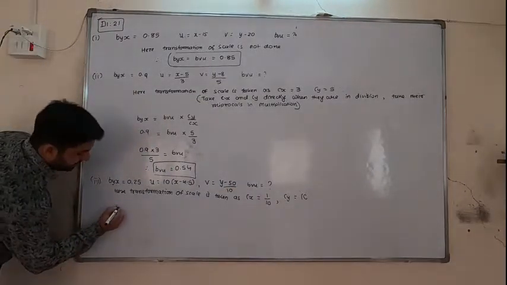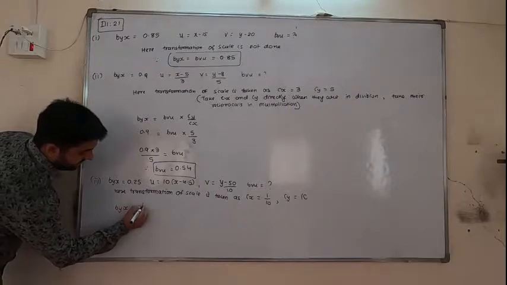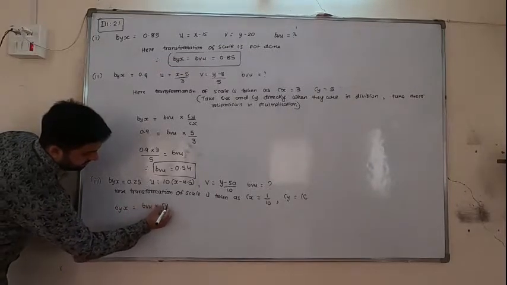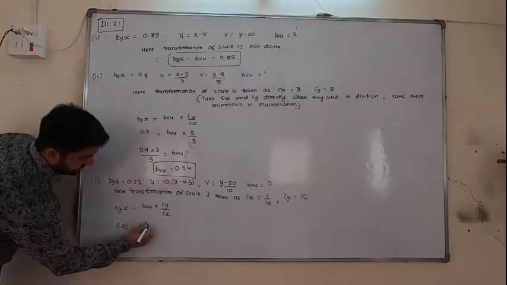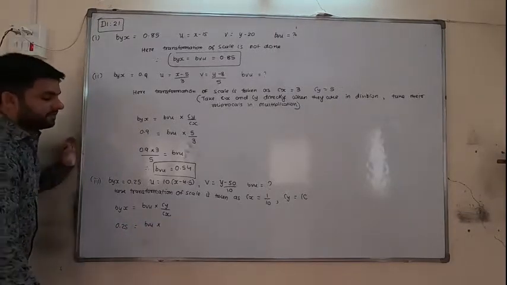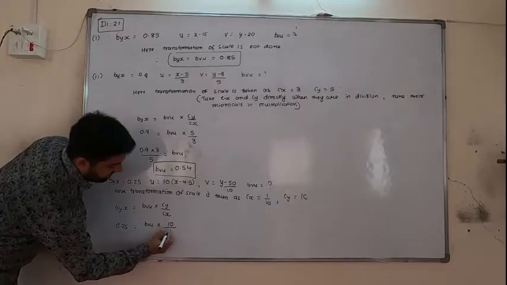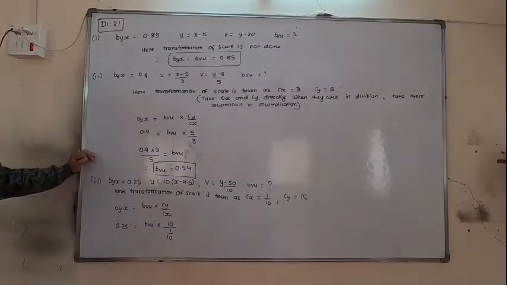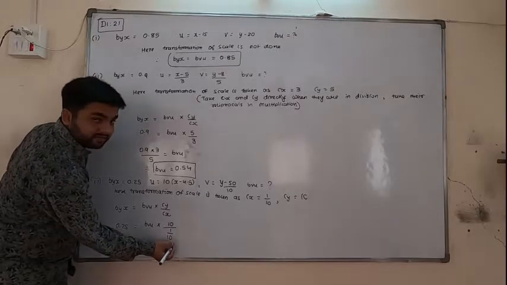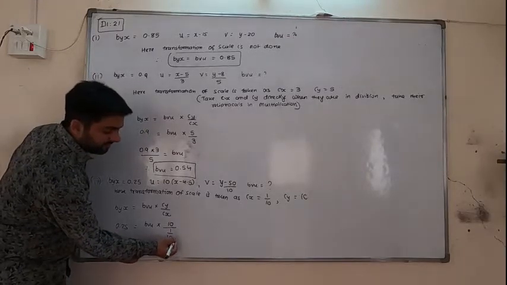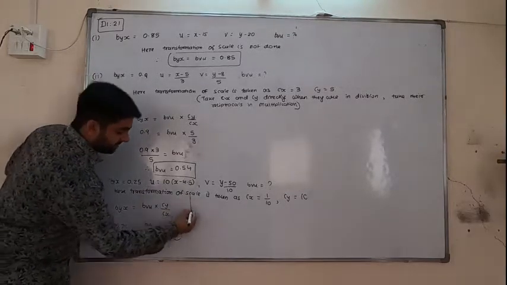Okay. So Byx is equal to Bvu multiply Cy by Cx. 0.25 is equal to Bvu multiply 10 divided by 1 by 10. Now how to get it? First the denominator of denominator will go in multiplication.